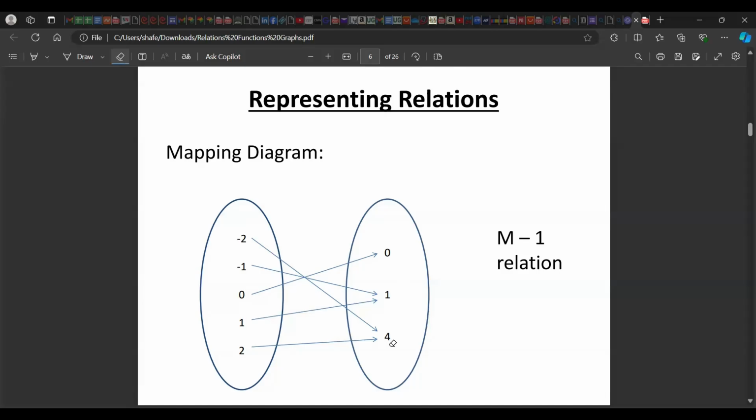So we refer to that as a many-to-one relation. In the case of -2 and 2, both go to 4. So it's 2 going to 1, more than 1 going to 1. Many to 1. You see the reason why we give it that name?